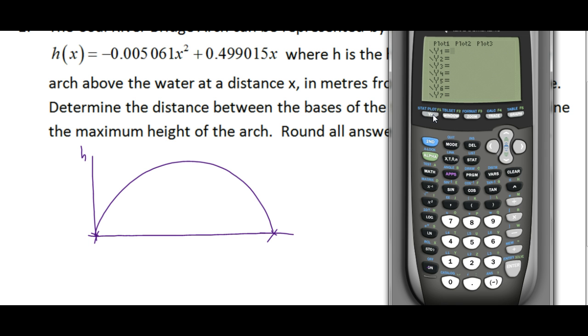We'll go to y equals, punch in the equation, negative 0.005061 x squared plus 0.49915 x. And we hit graph.